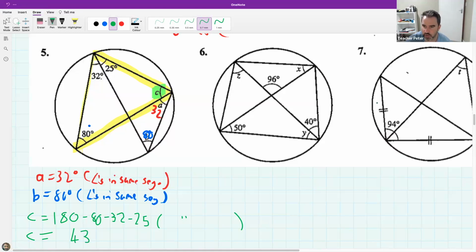And then let's just do question 6, and then we're going to take a break. So can you find me X? Can you find me Z? Can you find me Y? And where would you start?